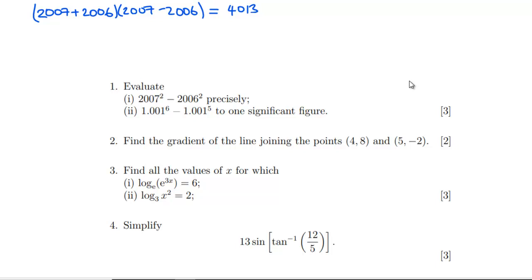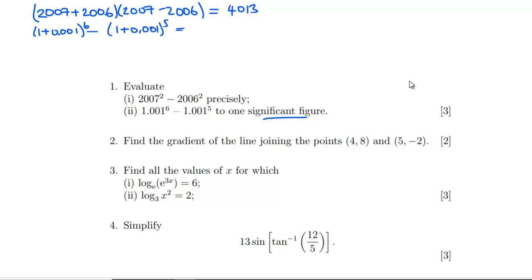Now we've got this, blimey, 1.001 to the 6 minus 1.001 to the 5 to one significant figure rather than precisely. For that second one, so we've got 1 plus 0.001 to the 6 minus 1 plus 0.001 to the 5.